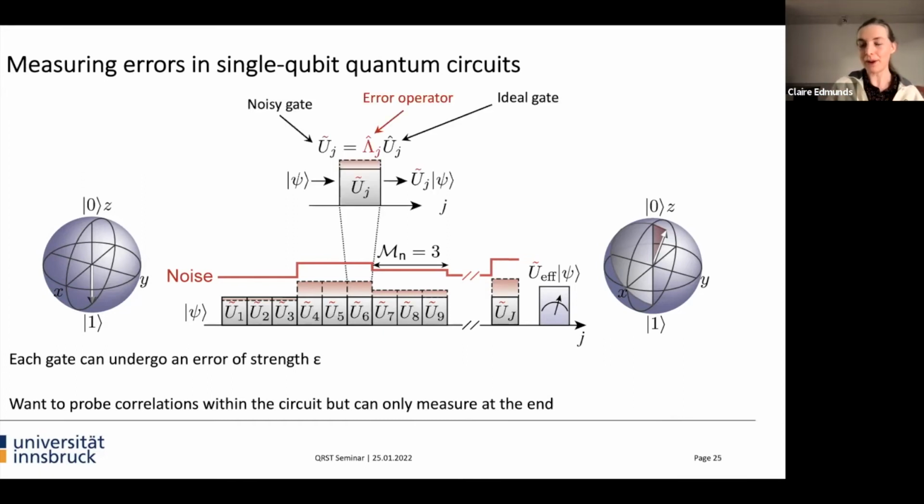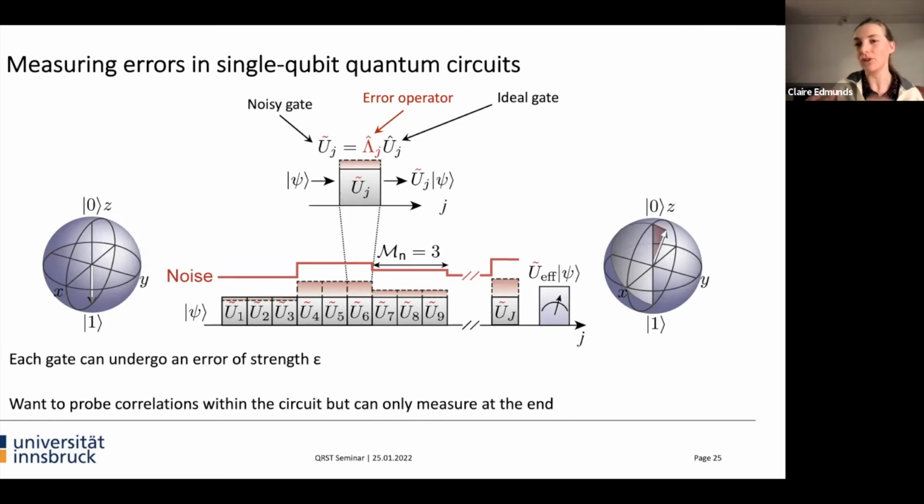So to start off with, I want to look at a single noisy gate, which is affected by some error channel. If the error channel is unitary, which is what I'm going to assume from now on, then you can decompose the gate into an ideal gate and an error operator. The error operator is going to depend on what error channel you're considering.